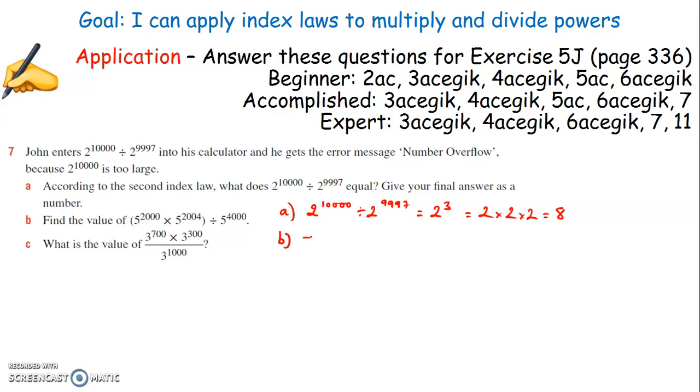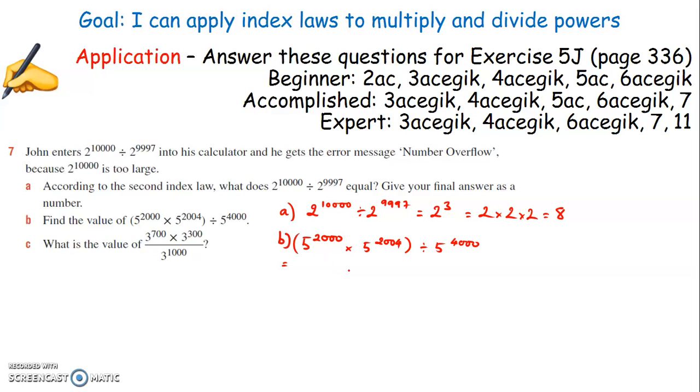So we have 5 to the power of 2000 multiplied by 5 to the power of 2004, and we have divided by 5 to the 4000.